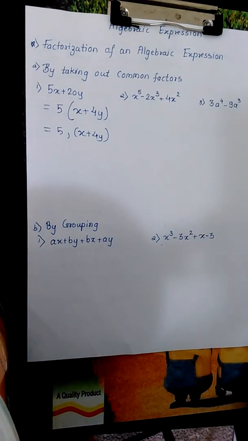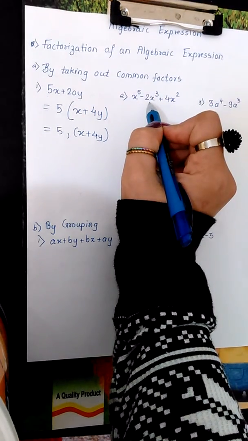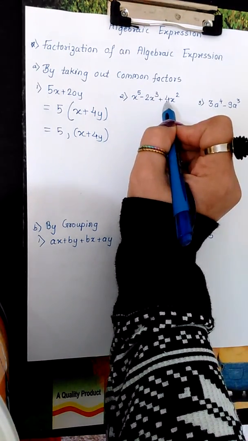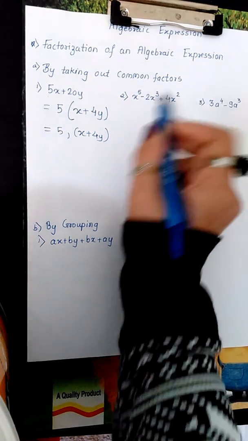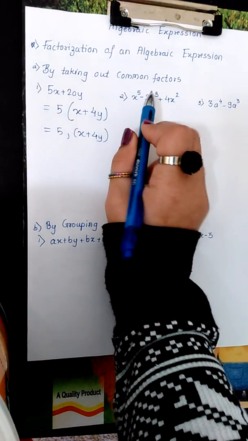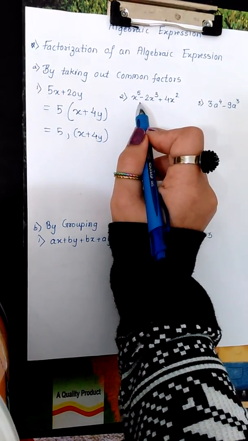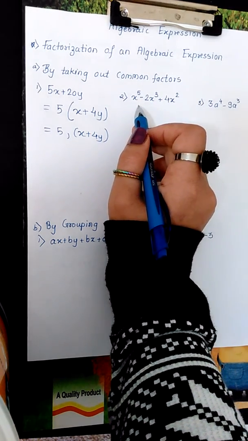Now the next example here is x raised to 5 minus 2x cube plus 4x square. In this whole expression we have x as a common factor, so we can take out x.